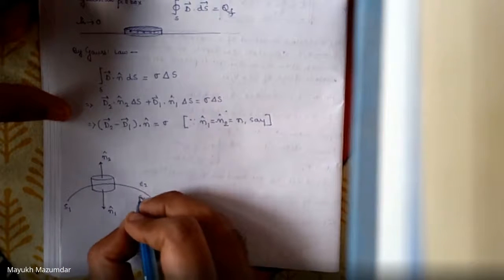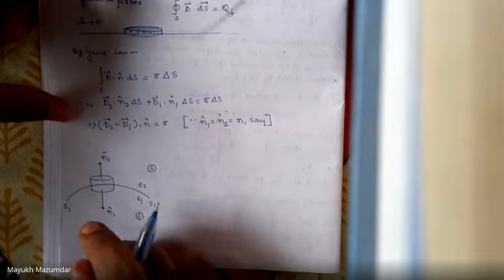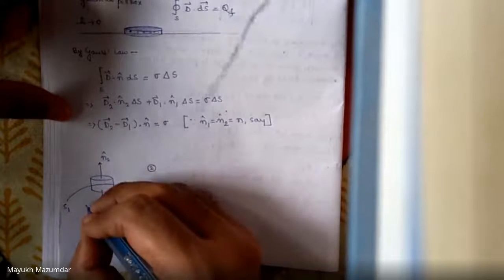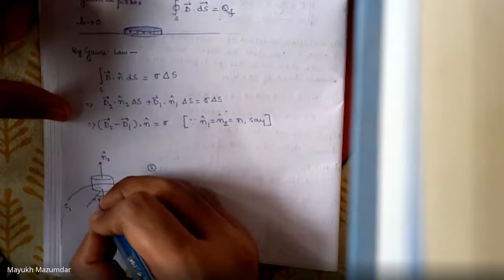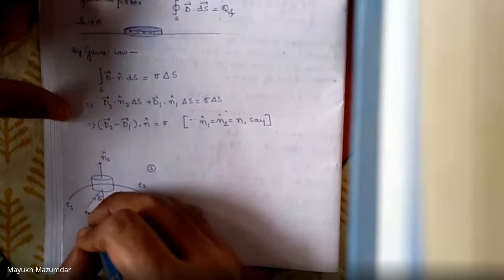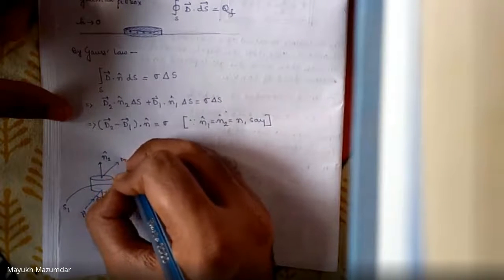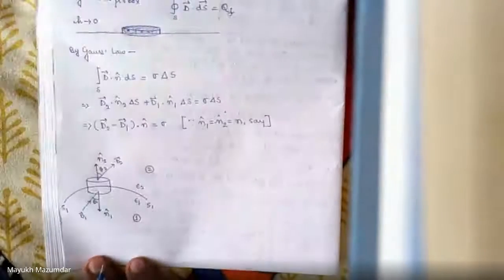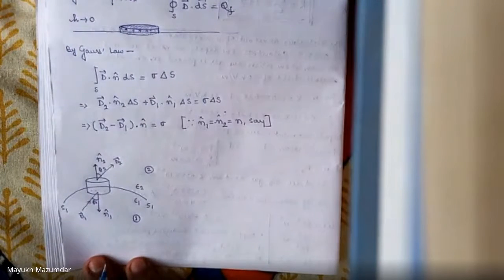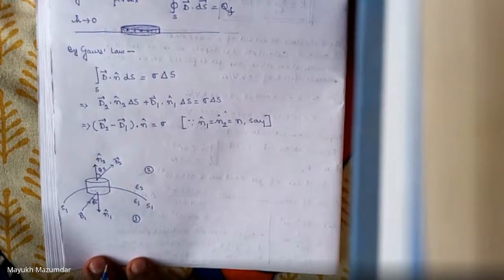Epsilon 2 is the permittivity in that medium, this is medium 2, medium 1. Now see one thing. Suppose your electric displacement vector is making an angle θ1 with this surface, and this one is making an angle say θ2 with the upper surface. It may happen so. Did you understand this thing?